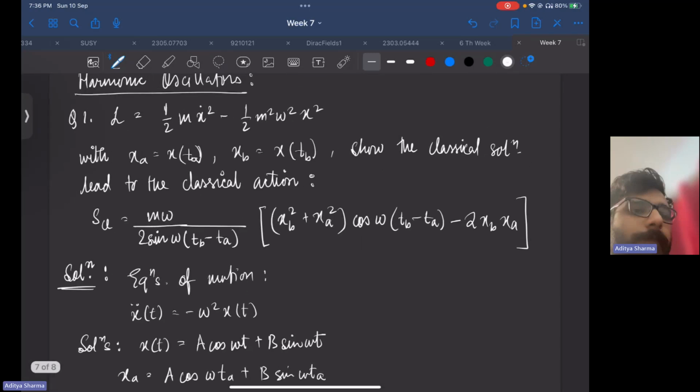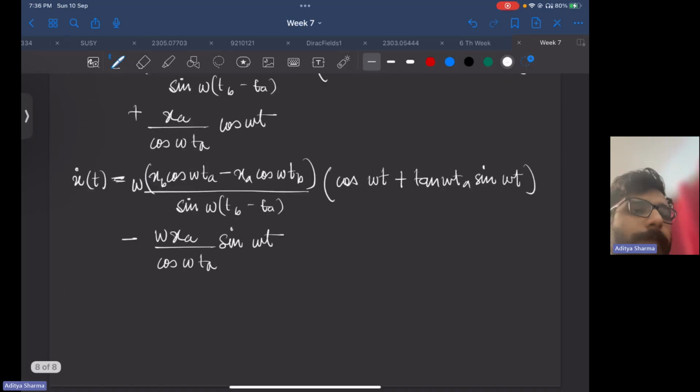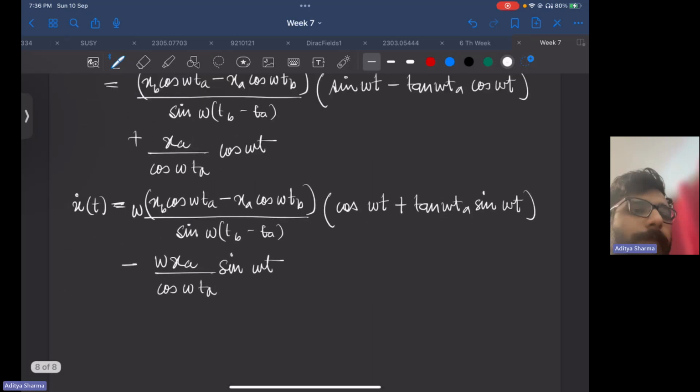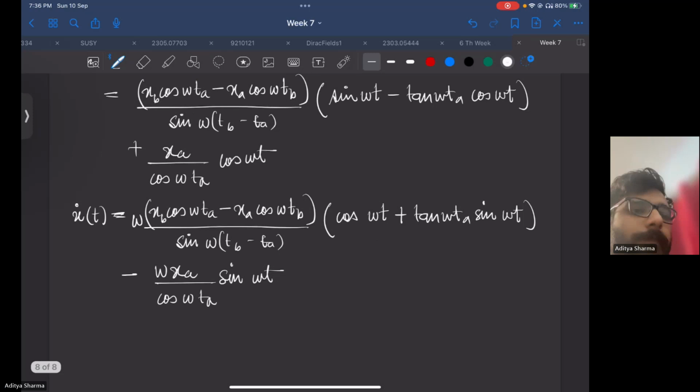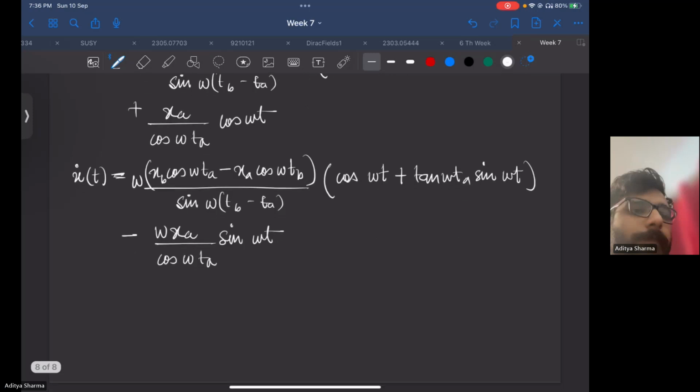So the hard part is in now x dot square plus omega square x square. So x dot square. I'm still going to use this thing only. I know what A and B are now, right?